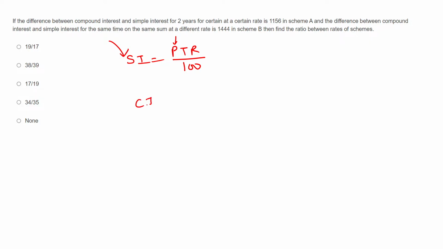Now, coming to compound interest, the formula for compound interest is P into (1 plus R by 100) whole to the power of T, minus P. The same terms: P means principal, R is rate of interest, and T is time period. Okay, so you can use the calculators. Just use the formulas for now to find out the answer. Then I will tell you a simpler way to solve the same problem.